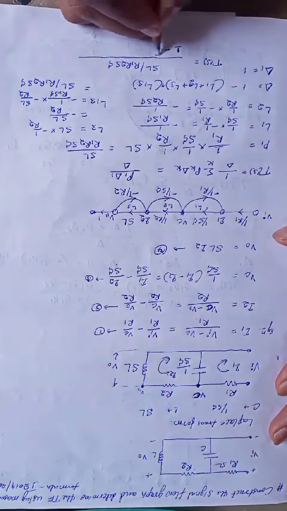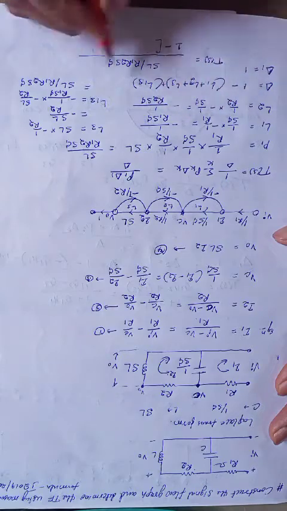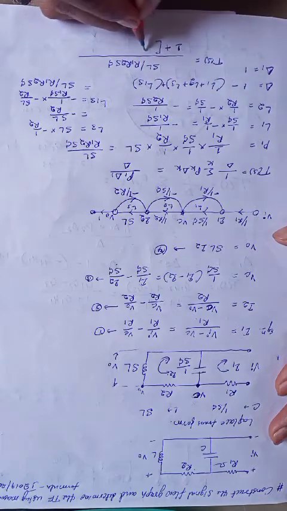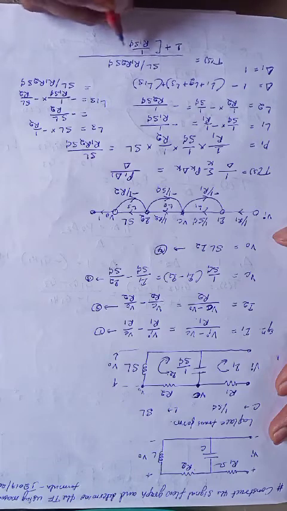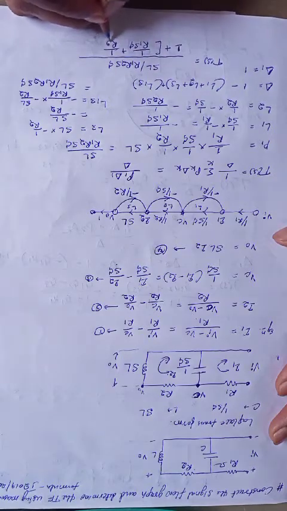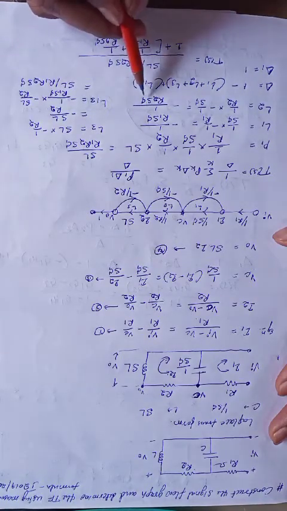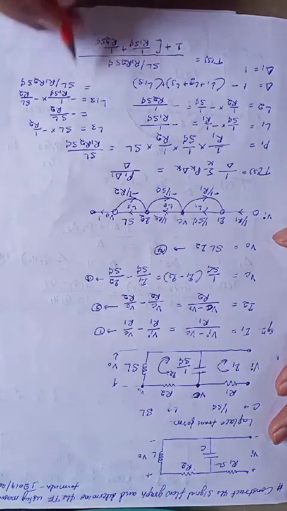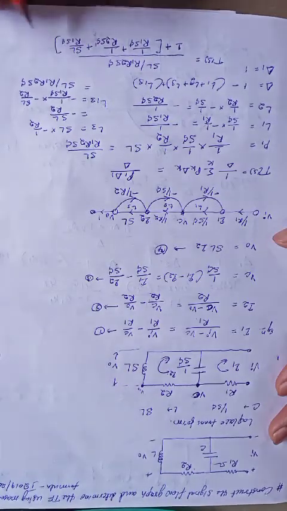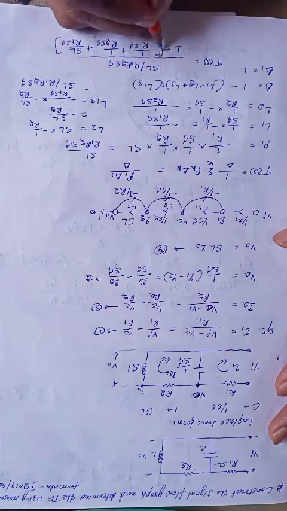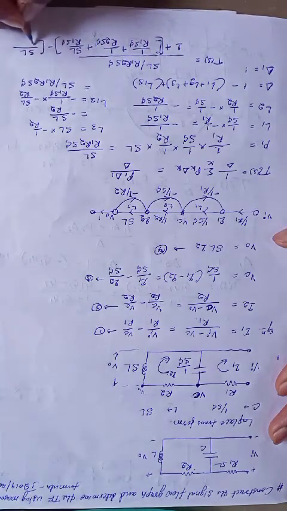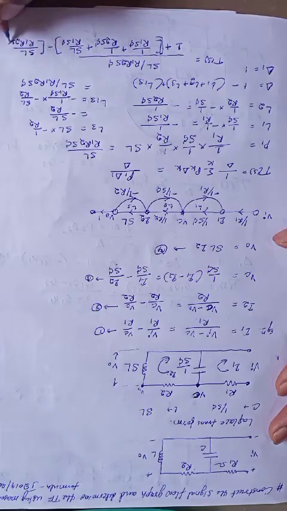1 minus the sum of the loop gains. This sign is minus, and these gains you have to write, that is minus minus, it becomes all plus: plus 1 upon R1 SC plus 1 upon R2 SC, and this one plus SL divided by R2, and then write minus this gain, that is SL divided by R1 R2 SC.